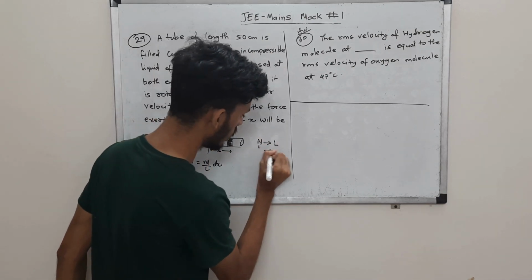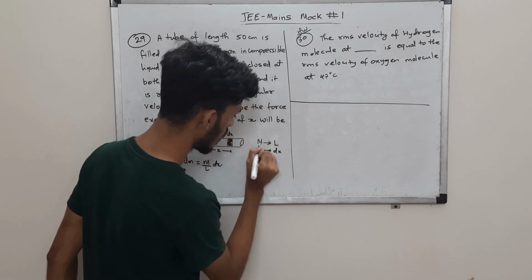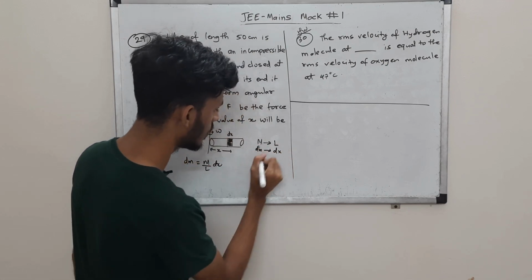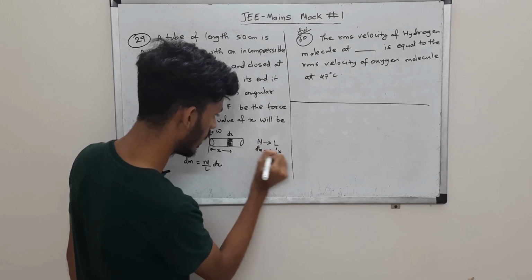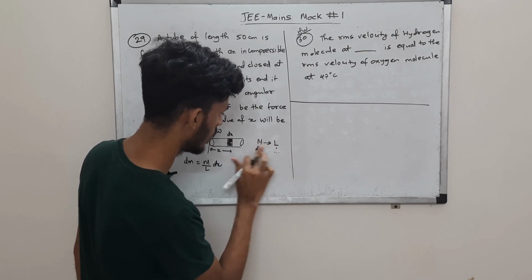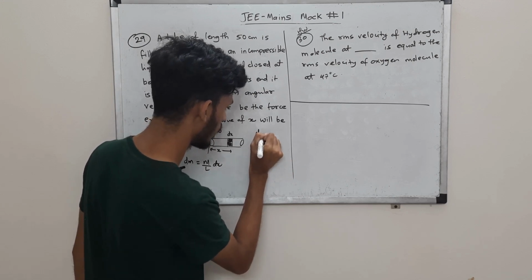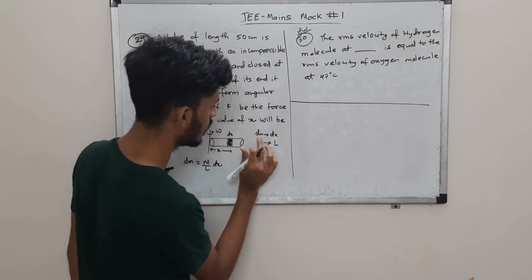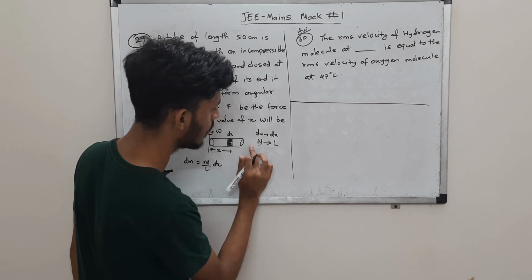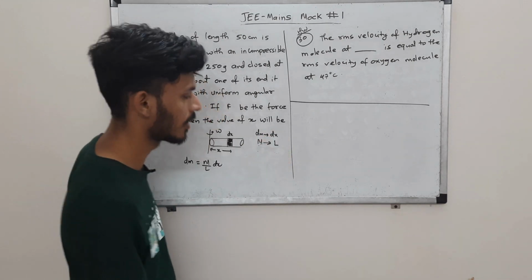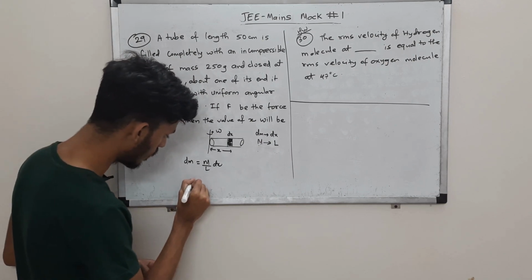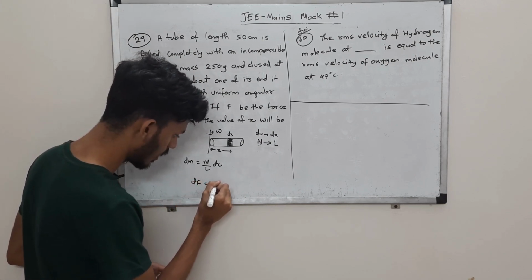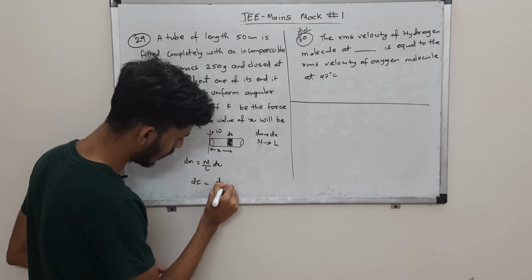So for an element of length dx, what is the mass? dm can be easily seen as m by L into dx. So dm will be m by L into dx. Now the force df, we can say it is dm into a.